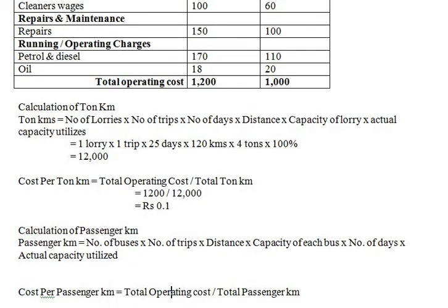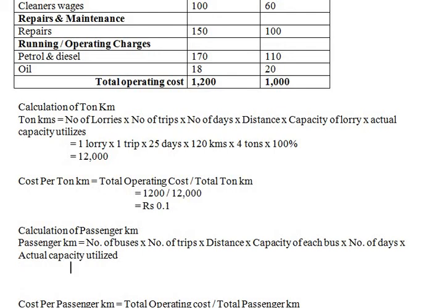Now we are going to calculate for passenger kilometer, and the formula is number of buses into number of trips into distance into capacity of each bus into number of days into actual capacity utilized.